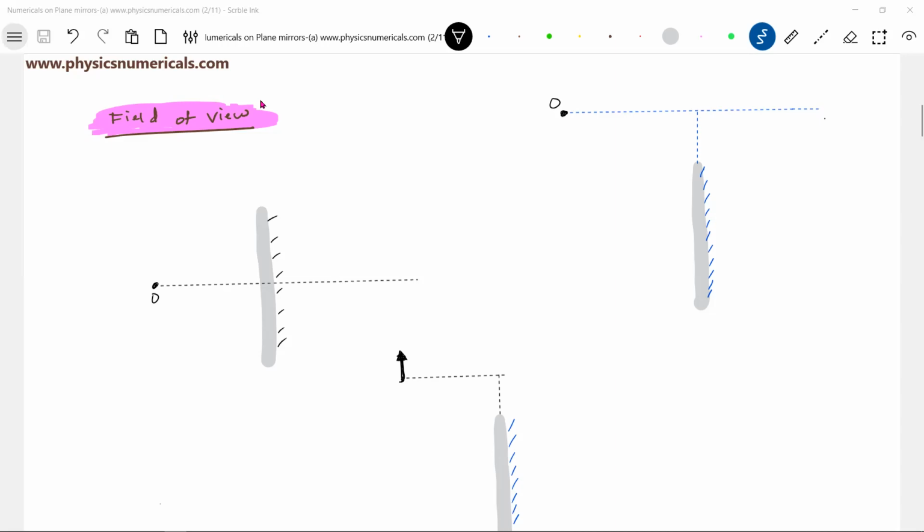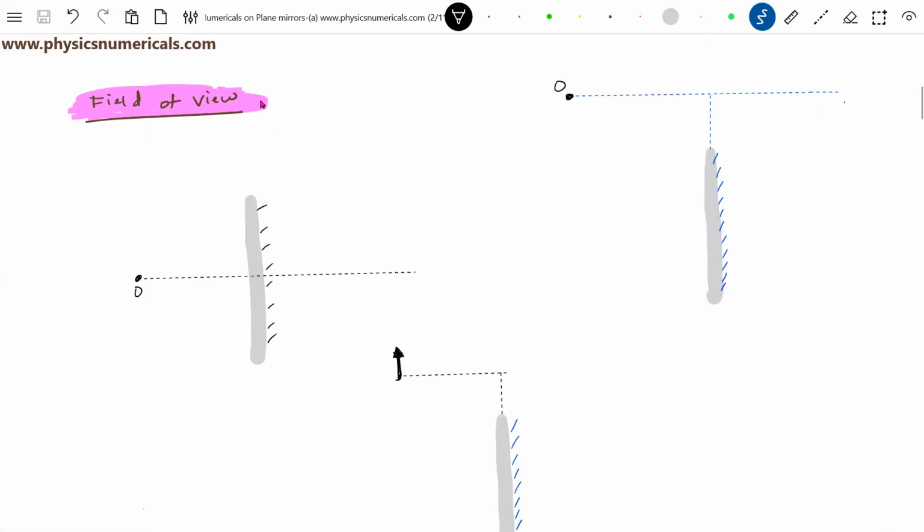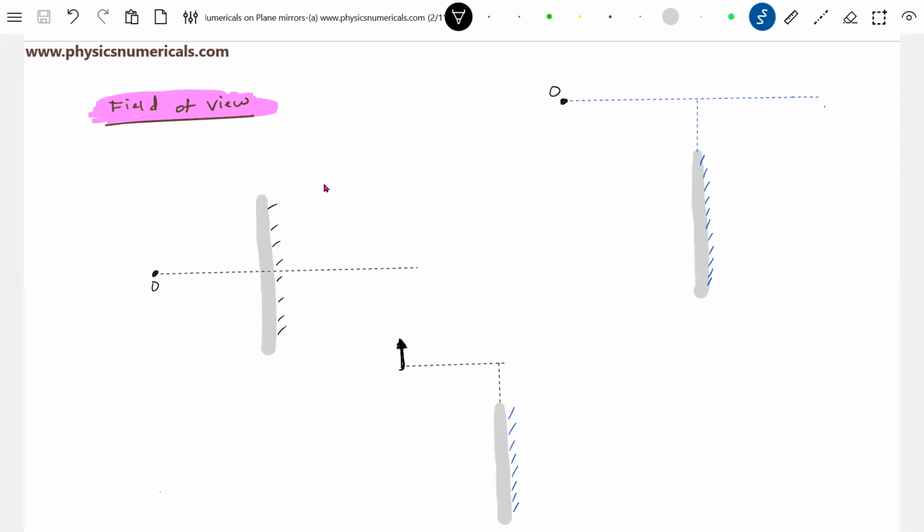Okay, I'll start with this one. So I kept a point object O nearby a plane mirror.